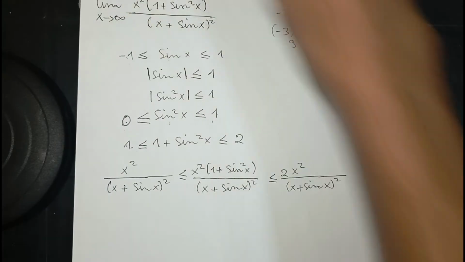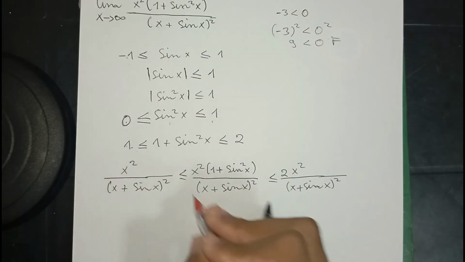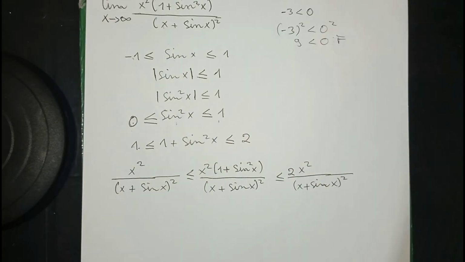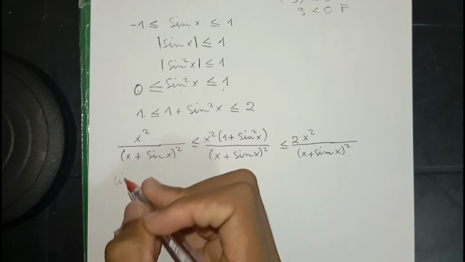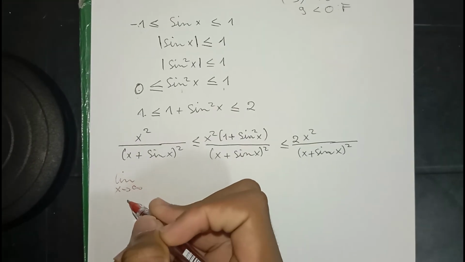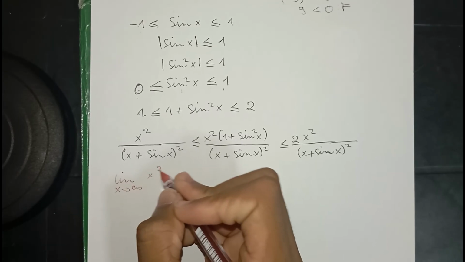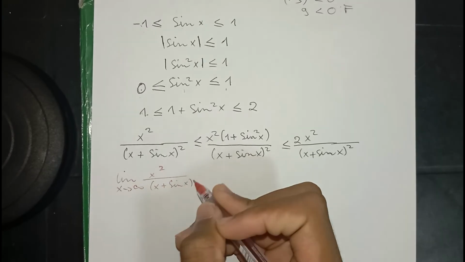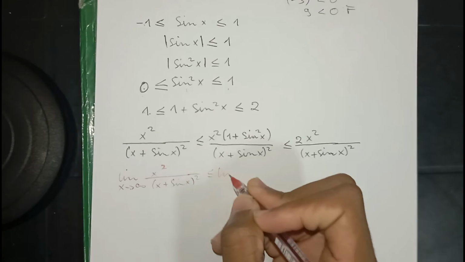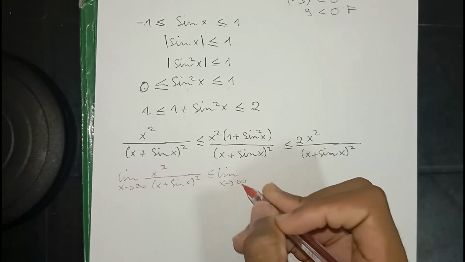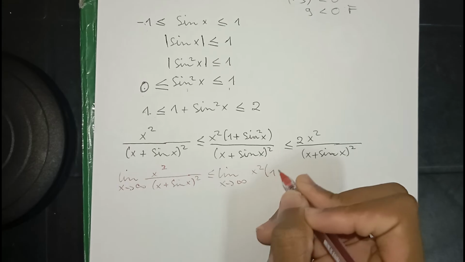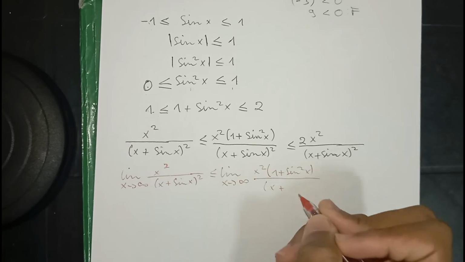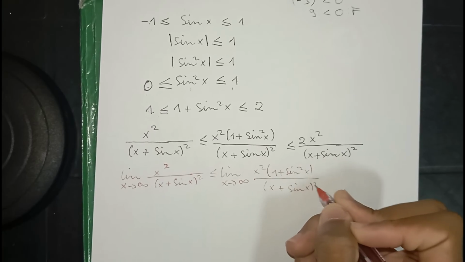Now what I can do is plug in the limit on every side here. So what I get is the limit as x approaches infinity of x plus sine of x. This is the limit that we wanted, that I'm writing right now.